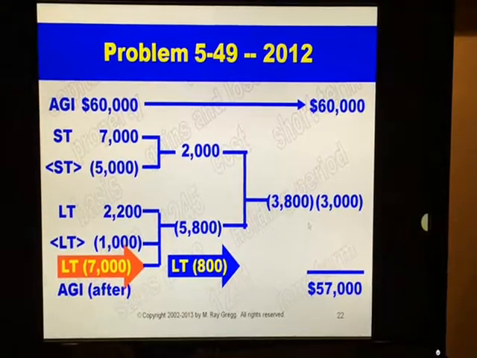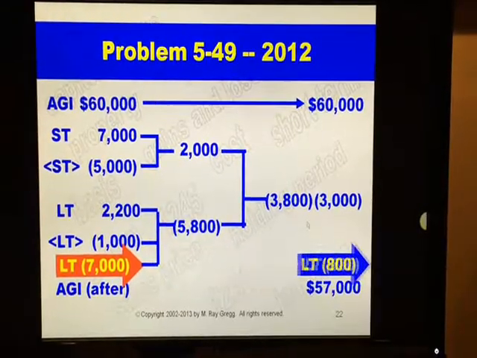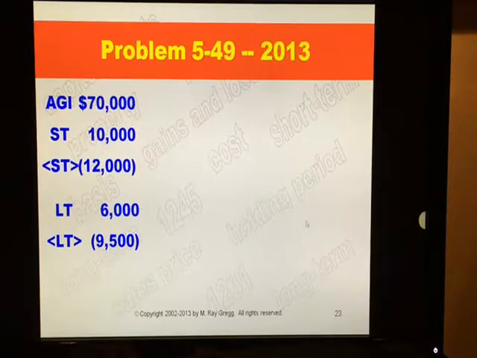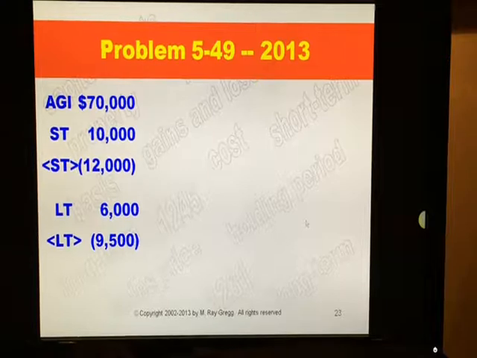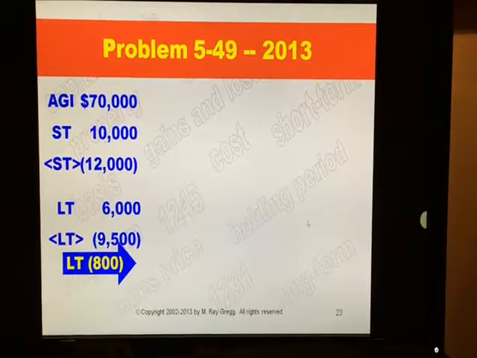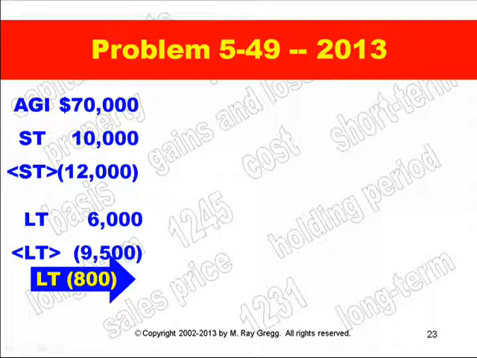And as we have seen on other occasions, losses keep their nature. Short-term remains short-term. In this case, long-term, when carried to the following year, is grouped with other long-term transactions. And again, we're ready to net the transactions.